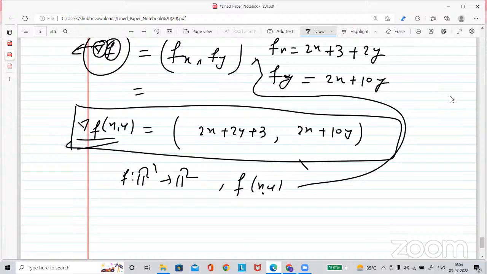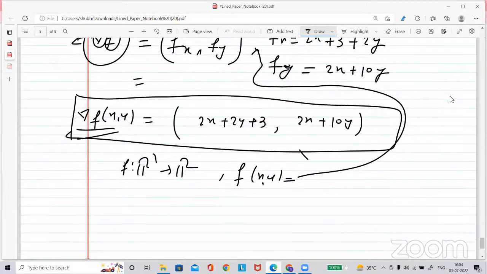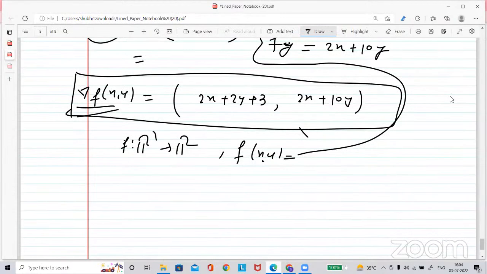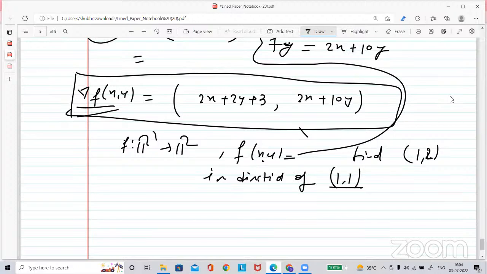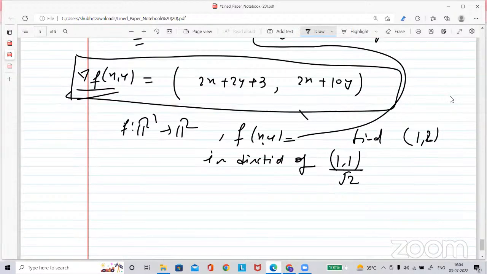The question is: find the directional derivative at the point (1, 2) in the direction of (1, 1). In the question, the given direction should be a unit vector.